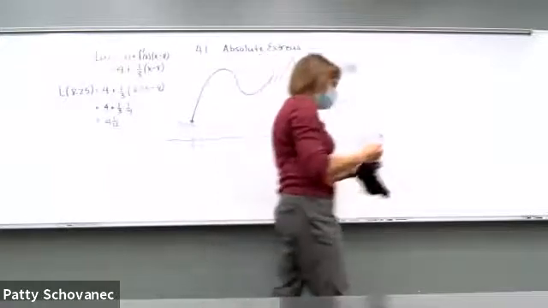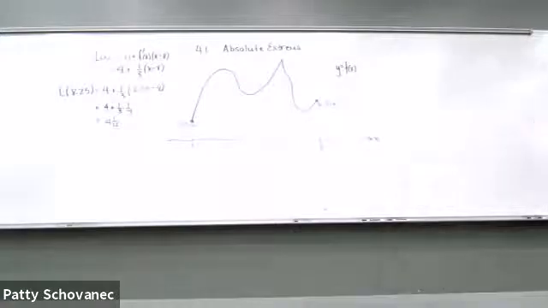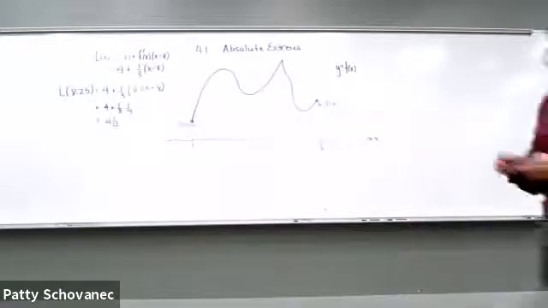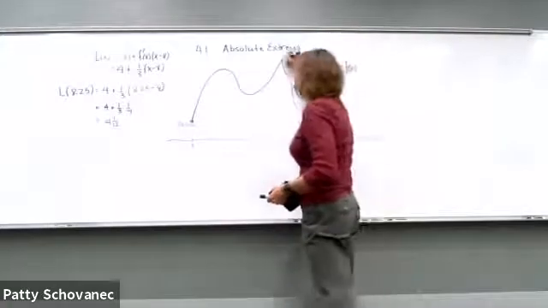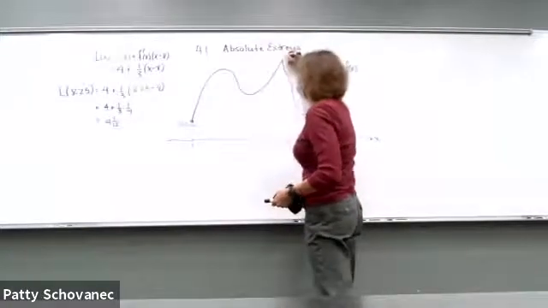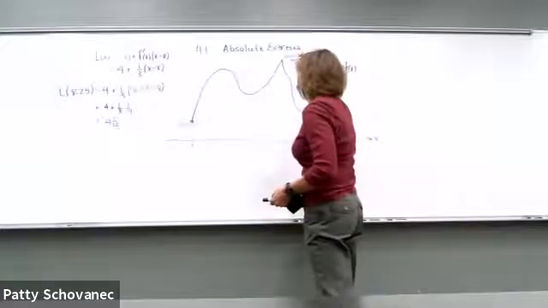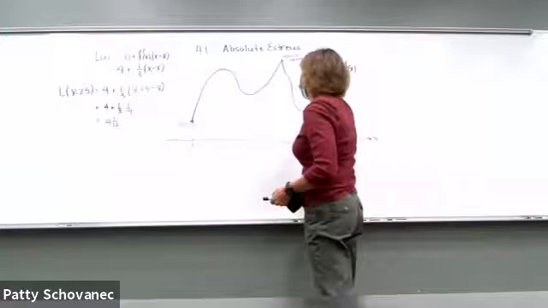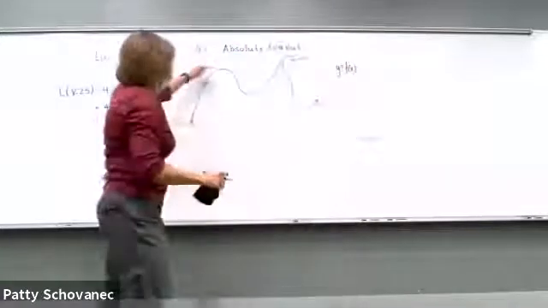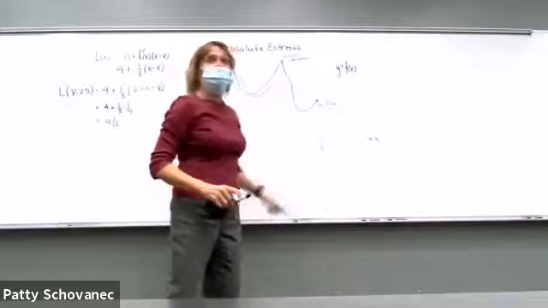Now, if you compare all the y values there is a tallest y value and there is a shortest y value. There's an absolute maximum value and an absolute minimum value. Looks to me from my picture that this location here is going to be the absolute maximum. It's taller than any of the other tall points on this graph. Of all the tall points on here, that one's the tallest.